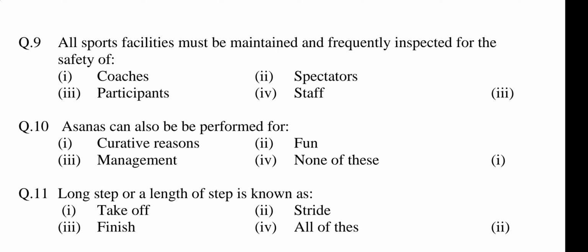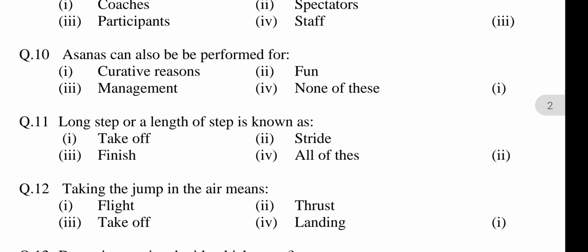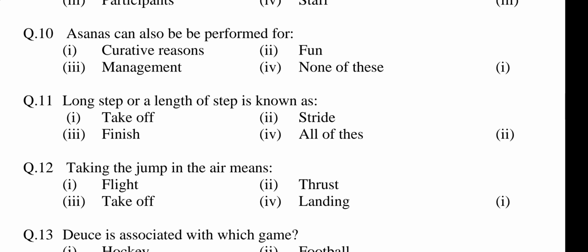Option first, coaches. Second, spectators. Third, participants. Fourth, staff. Answer is option third, participants. Question number 10. Asanas can also be performed for. Option first, curative reasons. Second, fun. Third, management. Fourth, none of these. Answer is option first, curative reasons.